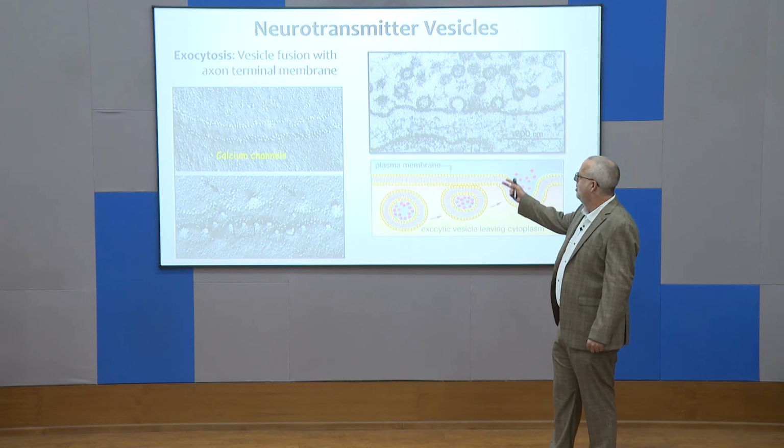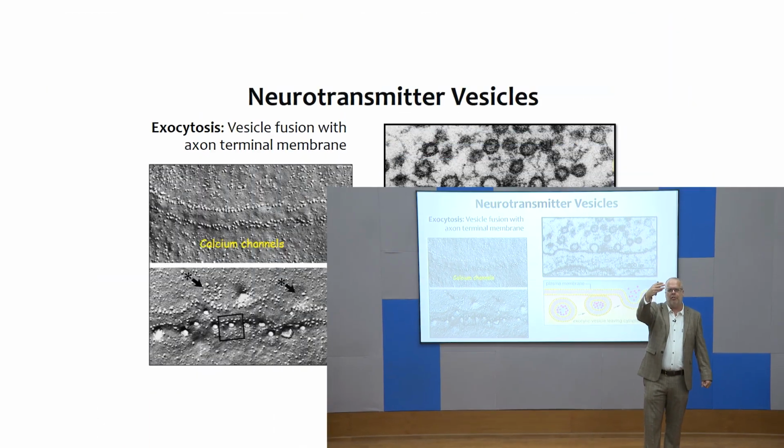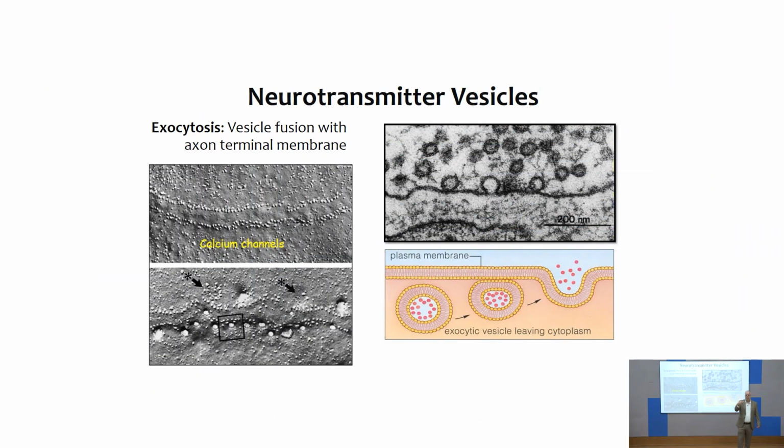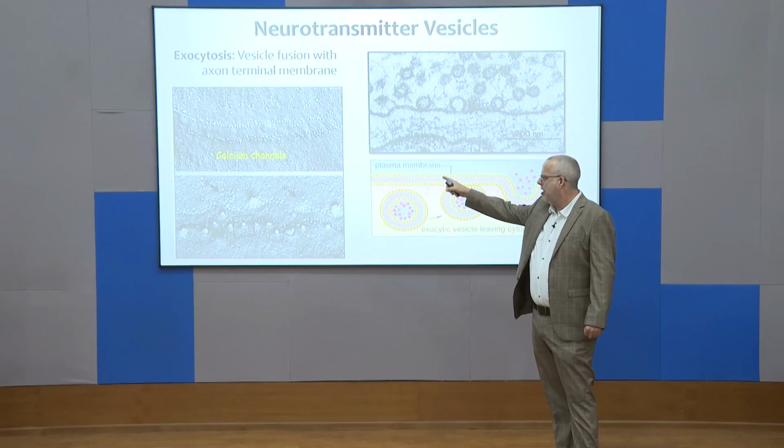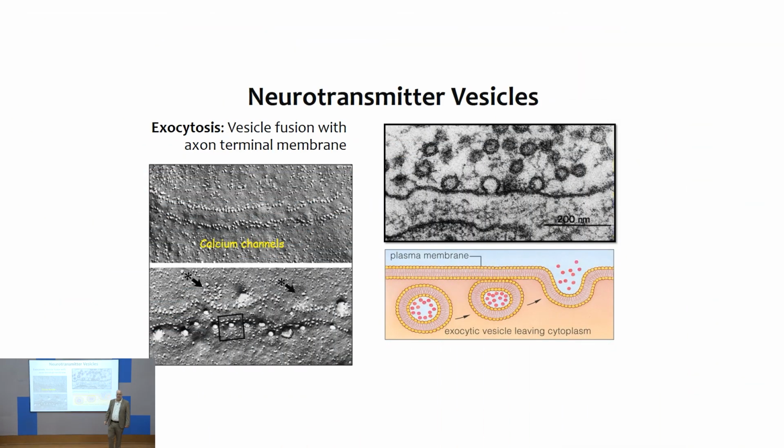Exocytosis is the mechanism whereby the action potential leads to the release of neurotransmitter. These are actual images of neurons, electron microscopy images. Over here on the left, you can see some calcium channels. Over here on the right, you can see vesicles, that's the circles, and you can see them fusing with the membrane itself. This leads to exocytosis and the release of our neurotransmitter.